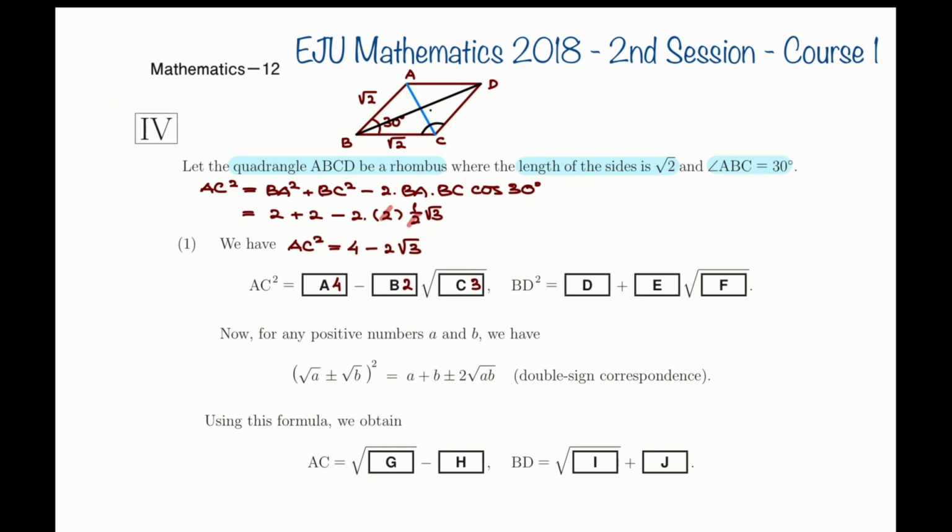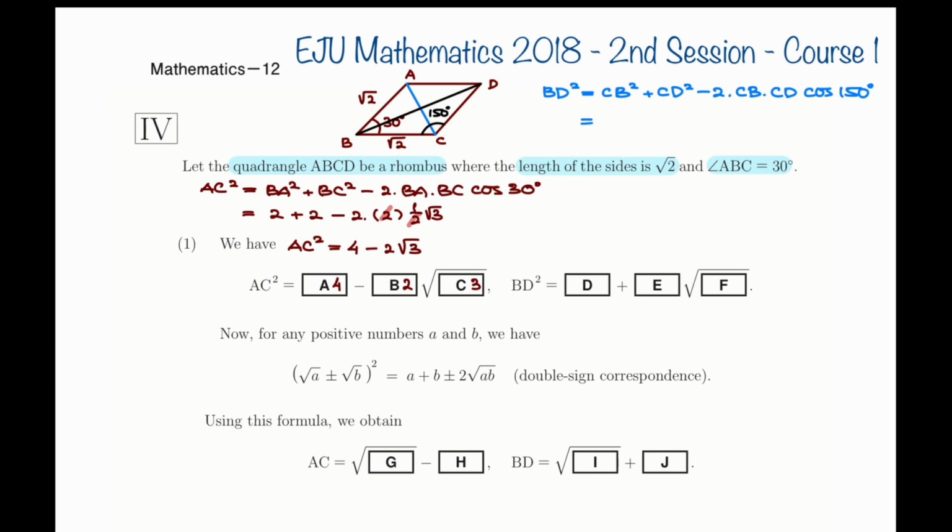This is 150 degrees. And then once again, you apply the cosine rule to this triangle, and you can find BD squared. So by using the cosine rule, BD squared is equal to CB squared plus CD squared minus 2 times CB times CD cosine 150 degrees.